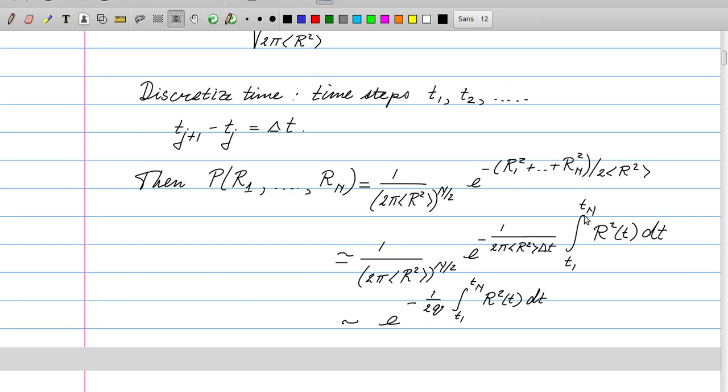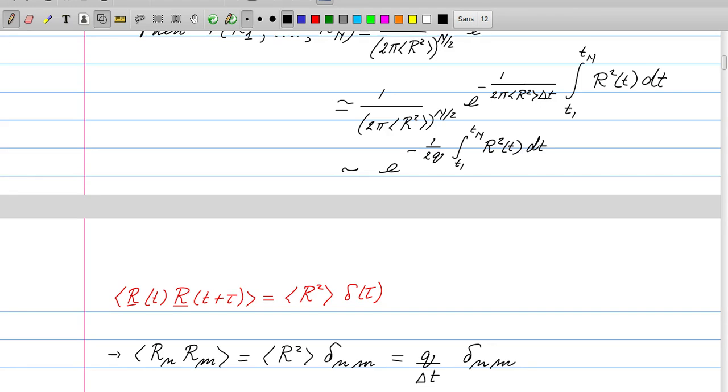We can formulate that as an integral if we divide by an extra factor of delta t. And so we have now formulated the probability distribution as a continuum distribution, and we use a shorthand notation 2q for the denominator here, and so this is our continuum prescription for the probability density of having a force between t1 and tn.